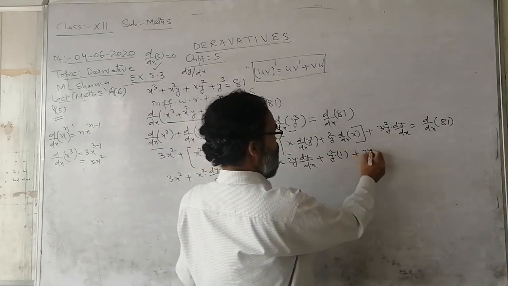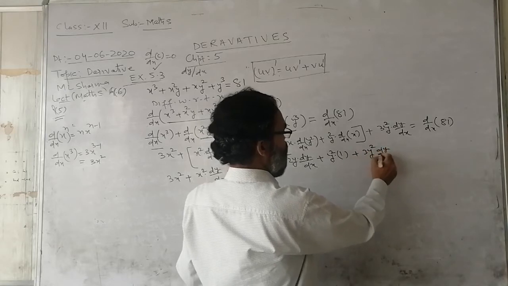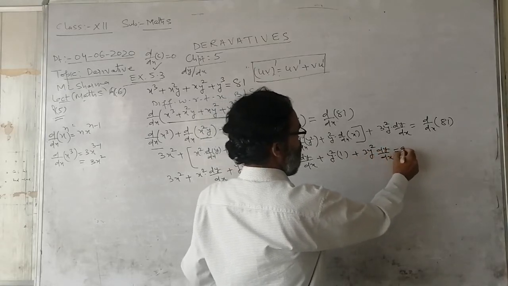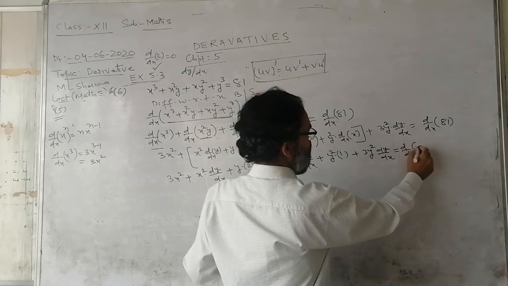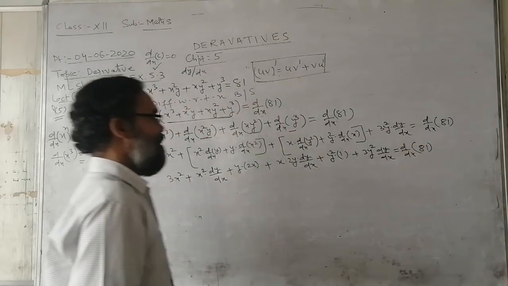Here 3y square dy upon dx equal to d upon dx of 81.